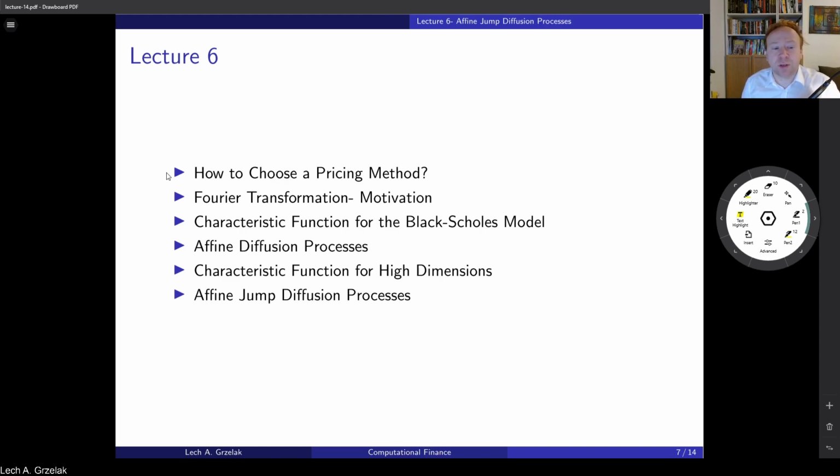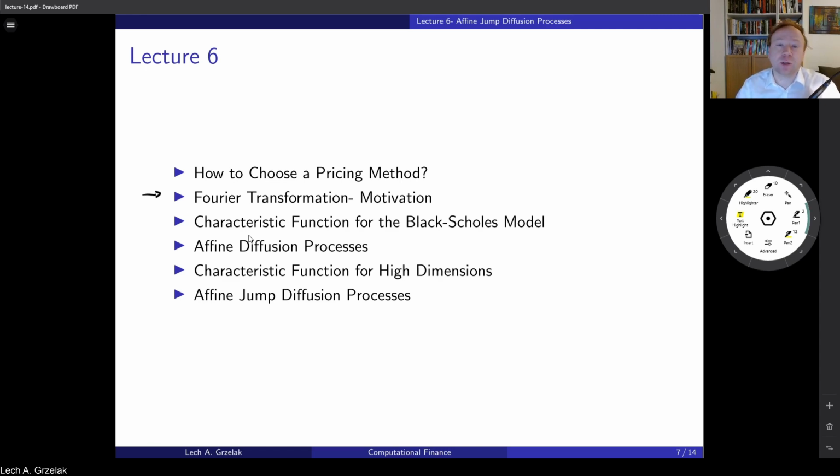Of course, we started here with some motivation about how to choose pricing models, how this is related to calibration, pricing of exotics, etc. Here we also discussed the motivation for Fourier. So this is again a motivation why we should use fast techniques for pricing of European options.